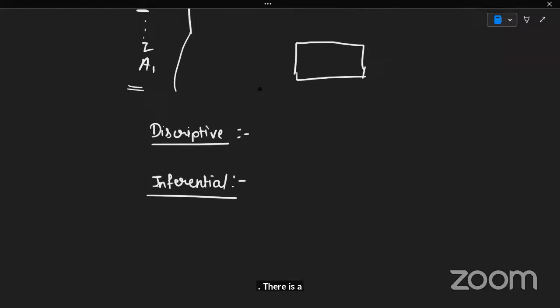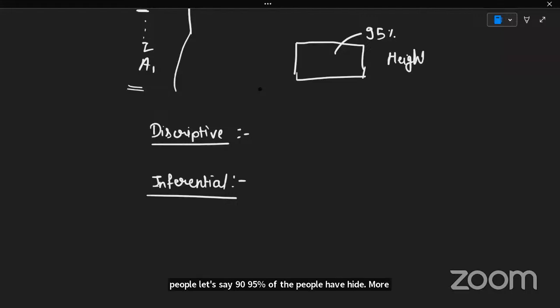Let's say there is a town. In that town, the majority of the people, let's say 95% of the people, have a height of more than 5 feet.